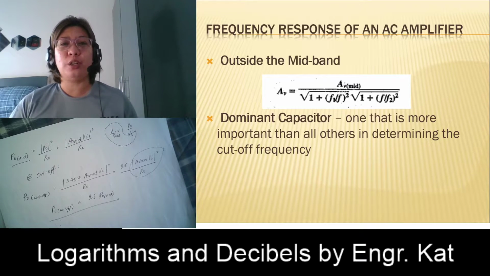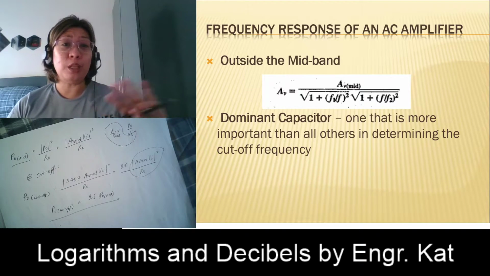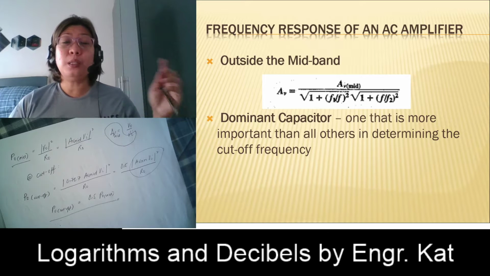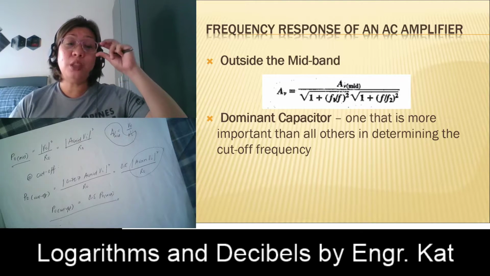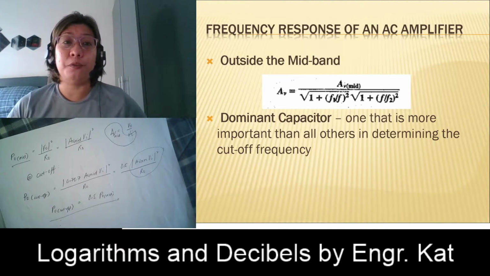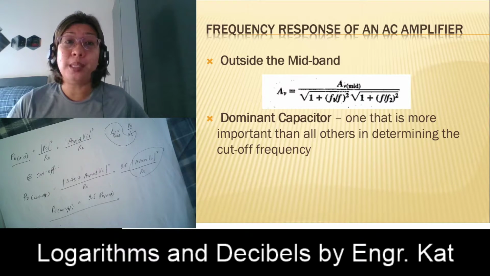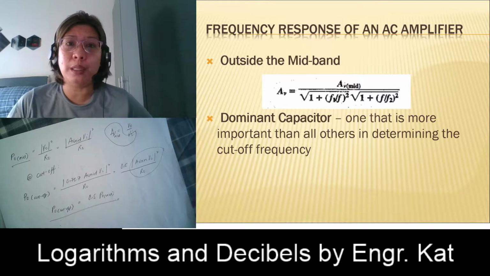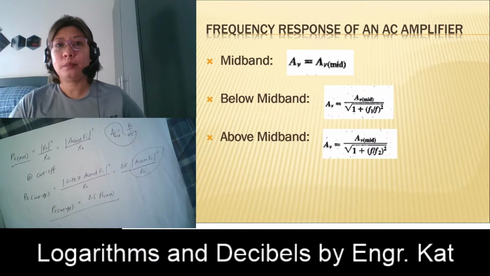And that capacitor is what we call the dominant capacitor, the one that is more important. Although they are all important, one is more important than all others in determining the cutoff frequency. I will be going to this later, once we discuss how to determine the cutoff frequency. But anyway, this is just the definition.